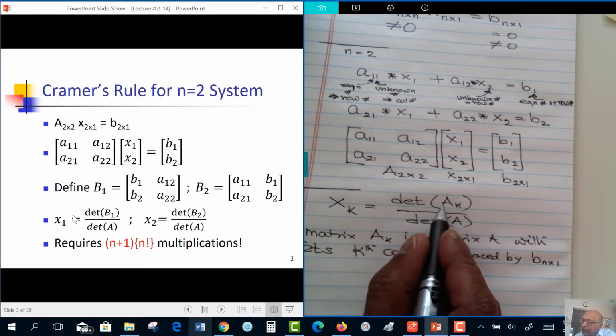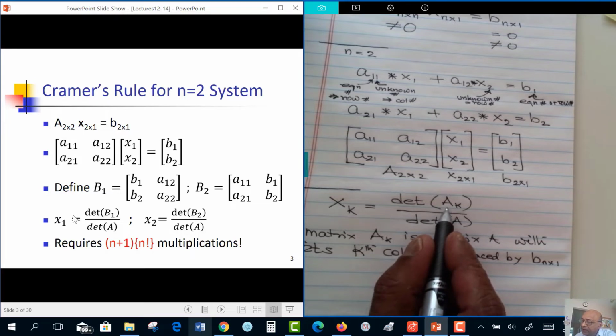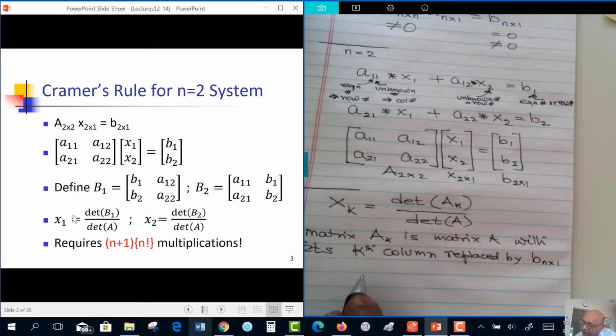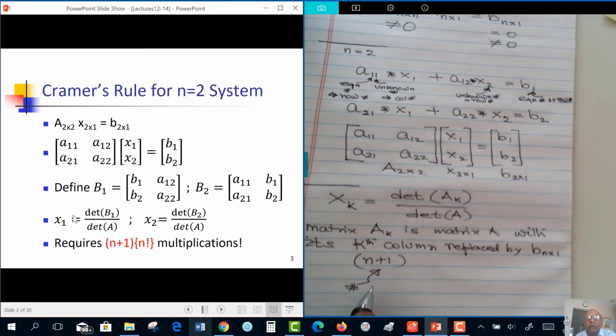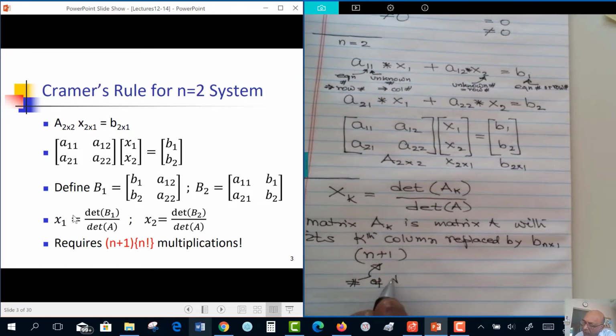You can see already, if we have an n by n system, we require knowledge of n plus 1 determinants. And if we use the standard recursive definition, then each determinant requires n factorial multiplications.